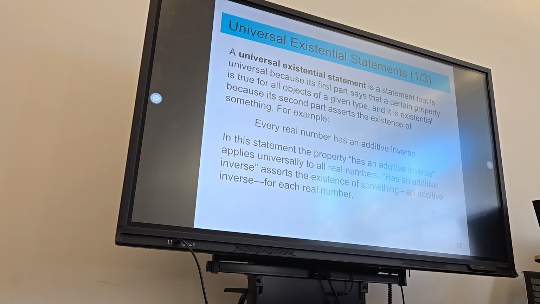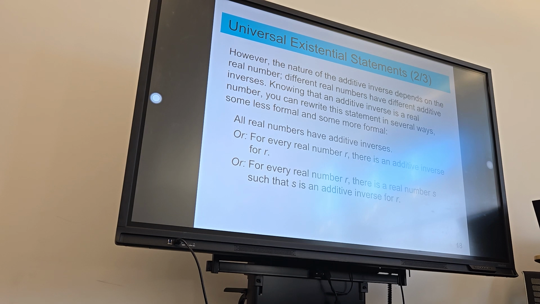That's the existential part. Has an additive inverse applies universally to all numbers, but it also asserts the existence of something, the additive inverse, for each real number. So it is both universal and existential combined. The nature of the additive inverse depends on the real number.